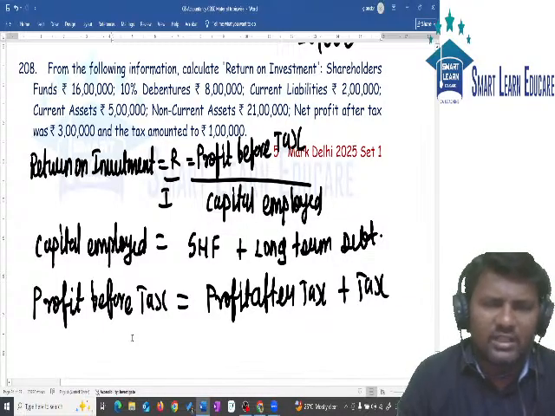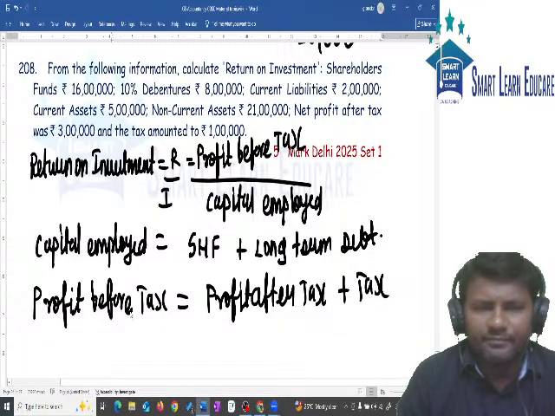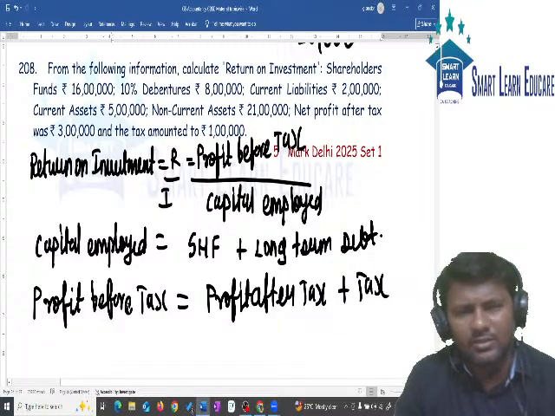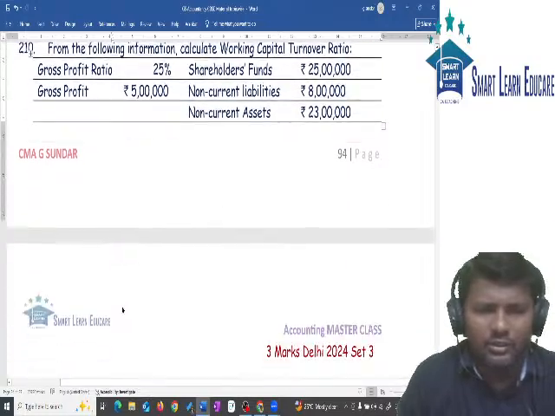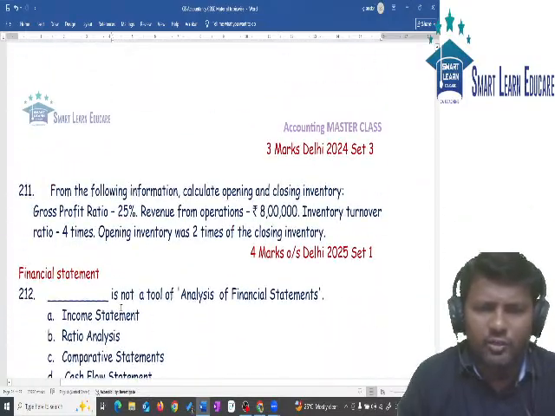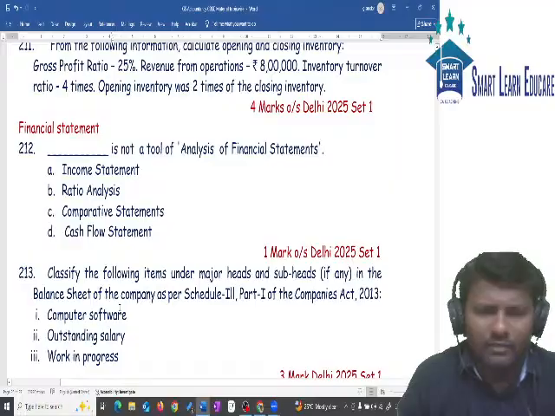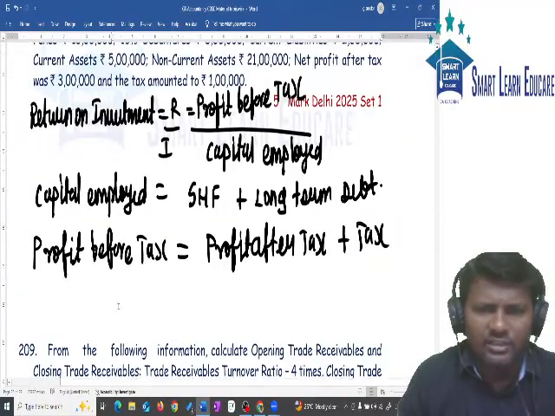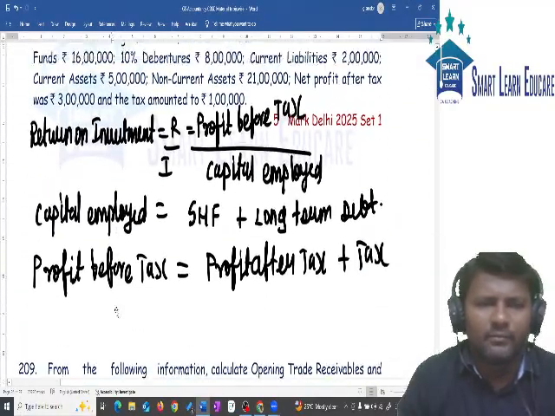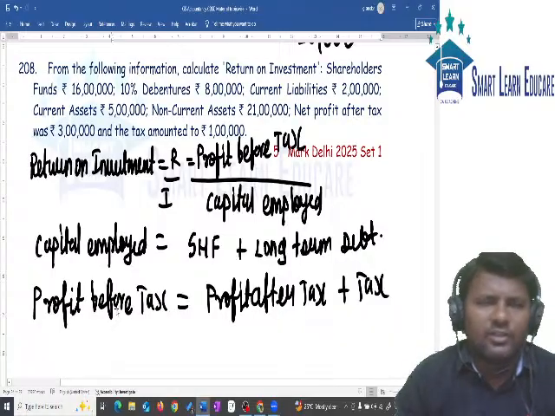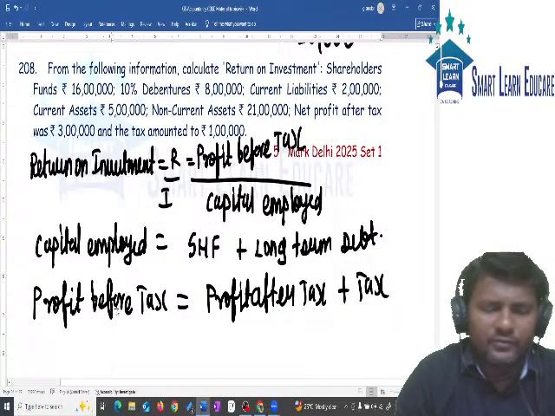That's all. These are the formulas we are going to use in this segment. Just apply the numbers and you'll get the answer. There are only 3 or 4 questions left, and ratio will come to an end. Tomorrow we'll complete ratio and start financial statement, the last topic. Try this question number 208. Substitute the numbers.